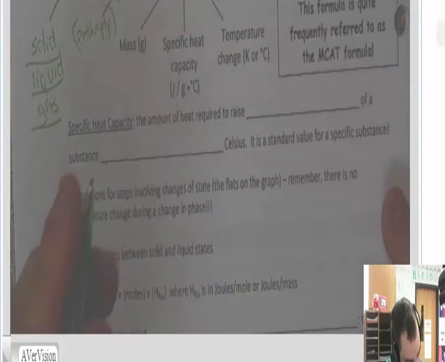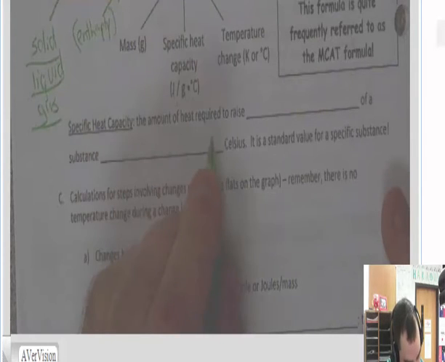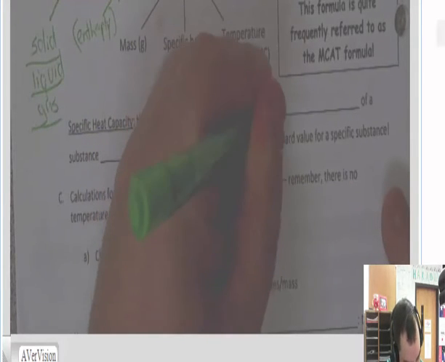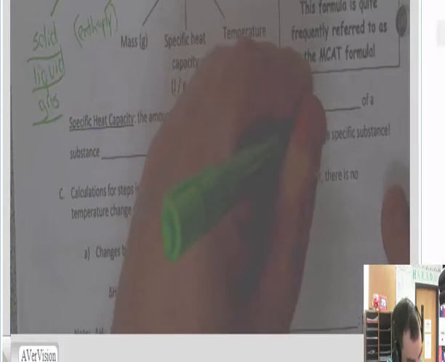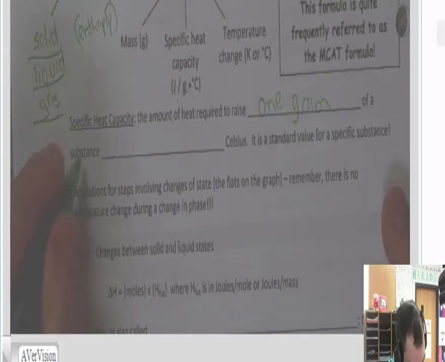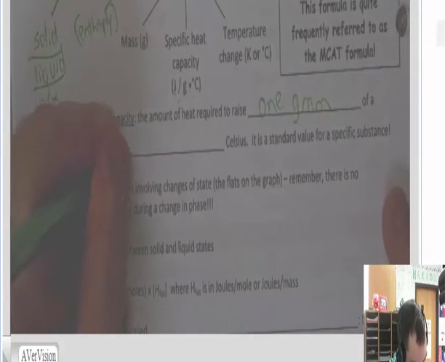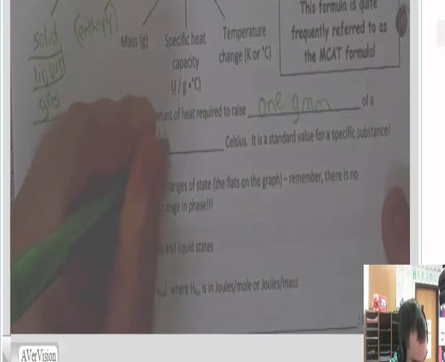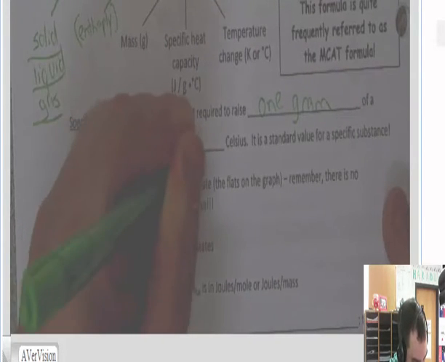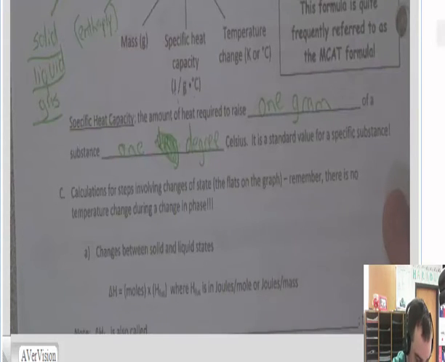Specific heat capacity is the amount of heat required to raise 1 gram of a substance 1 degree Celsius. It's a standard for a specific substance.